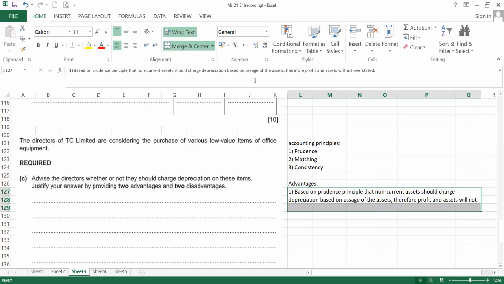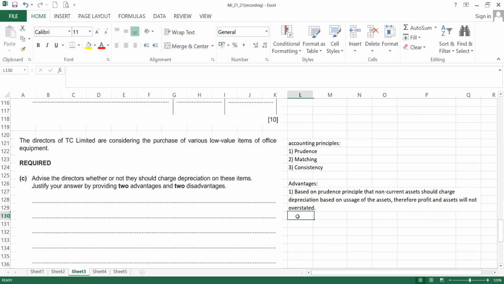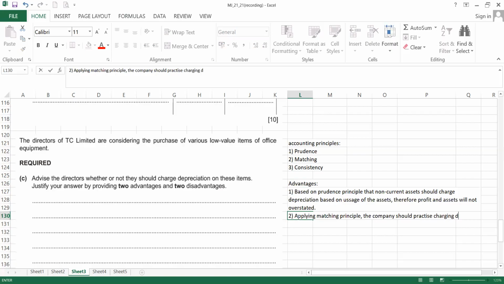Okay, we add one more. Okay. Other than that, number 2, okay, applying the matching principle, the company should practice charging depreciation to match the cost used to generate the income earned for the same period.